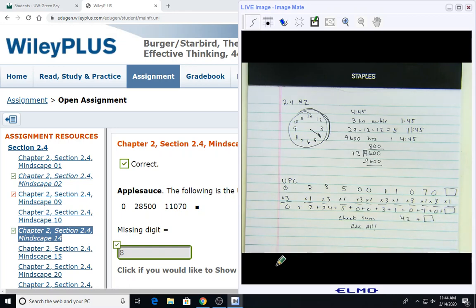And I need that something more to bring me to the next number that ends in a 0, so that I'm equivalent to 0 mod 10. So what would that be? 8. Yeah. So this one is 8, because then I'll get 50 for my checksum. And 50 is a multiple of 10, and so it's equivalent to 0 mod 10.